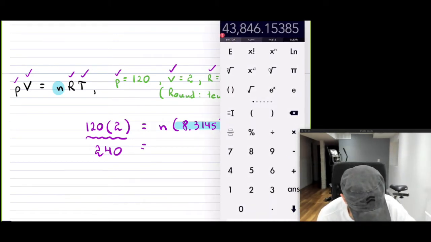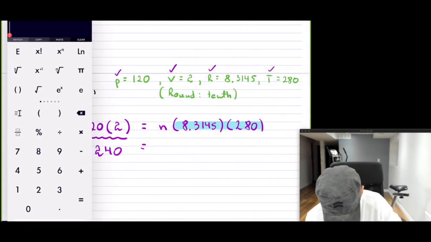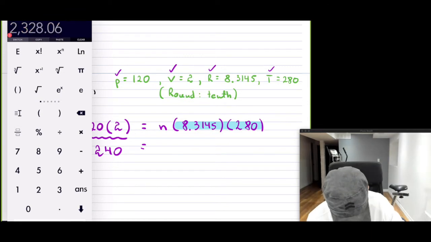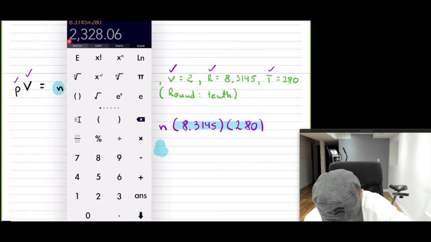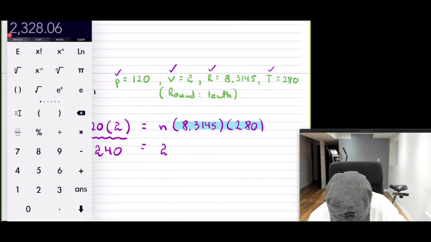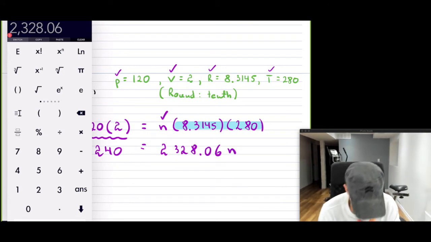So if I take these two numbers, 8.3145 multiplied by 280, this would be 2328.06 multiplied by n. I still don't know this n.